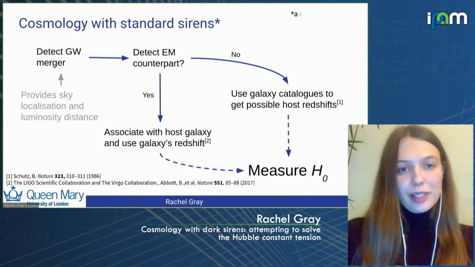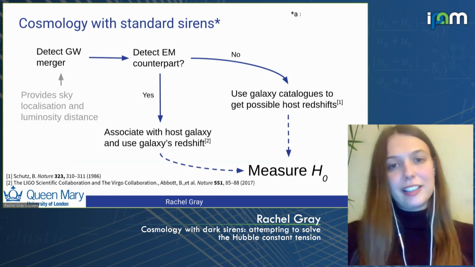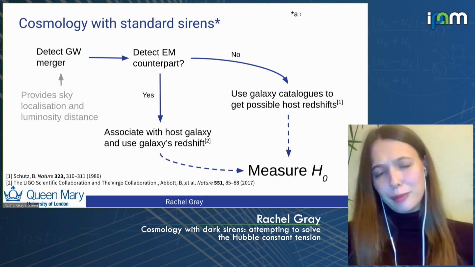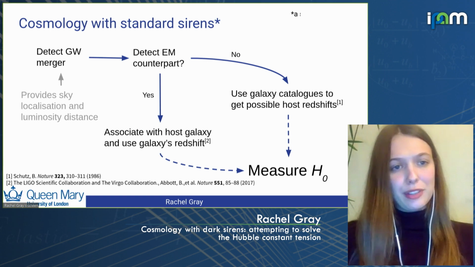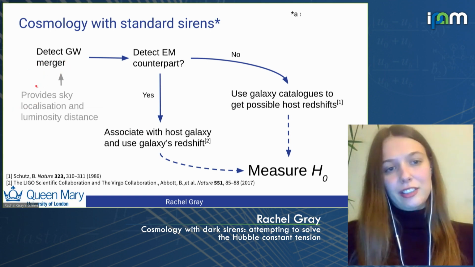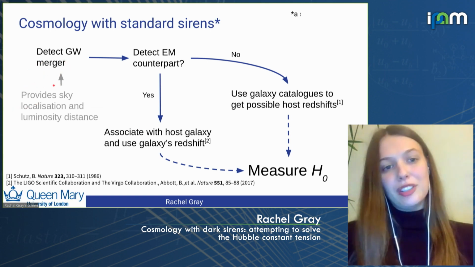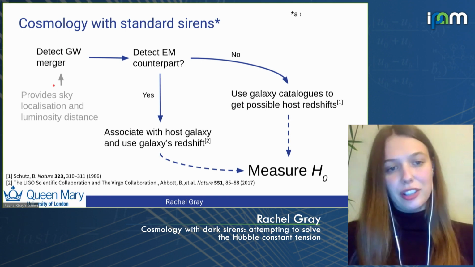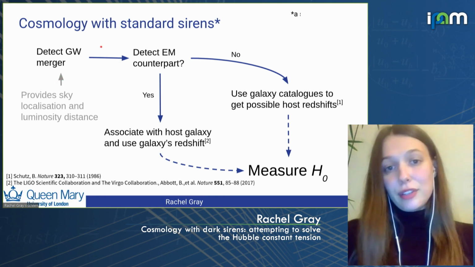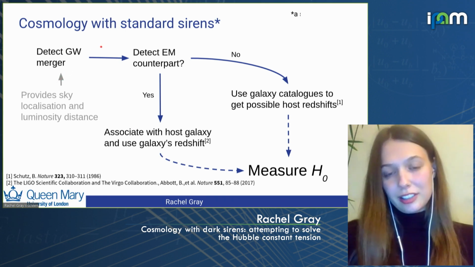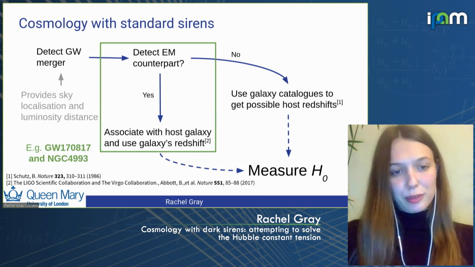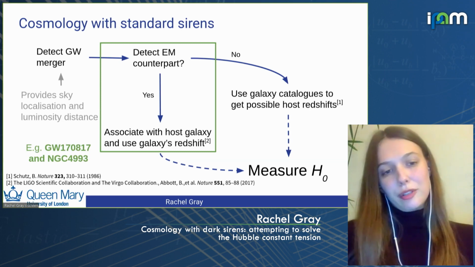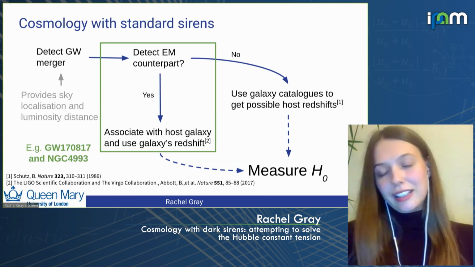Now, the most obvious way to do this is a very simplistic flowchart of how one might go about doing cosmology with gravitational waves. You detect a merger, and it undergoes parameter estimation to give you a sky localization and the luminosity distance. If you detect an EM counterpart, if you are so lucky, you can measure the Hubble constant directly using that, as was done with the binary neutron star GW170817.